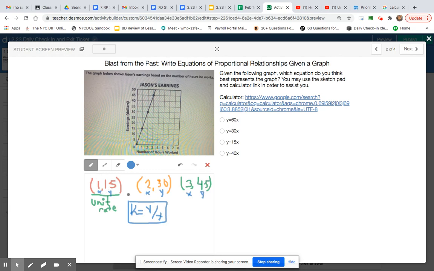So if I start with this ordered pair, 1 comma 15, if I find k, I would just do 15 divided by 1, which will just give me 15.